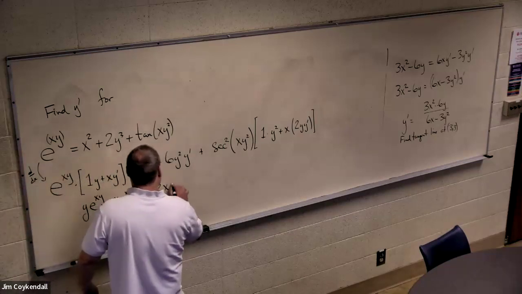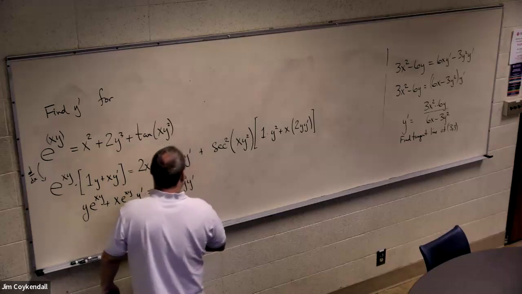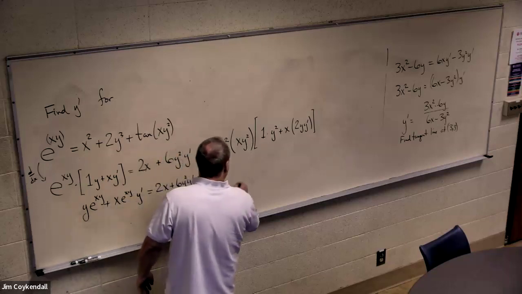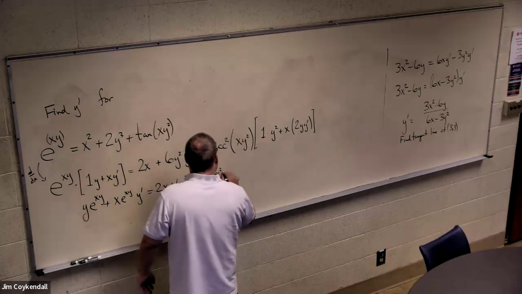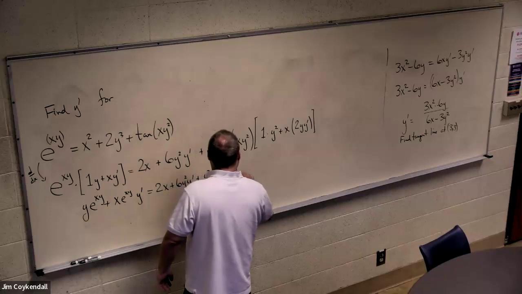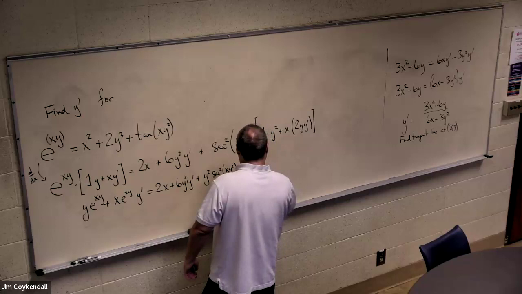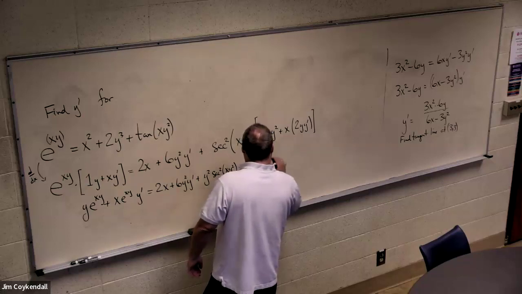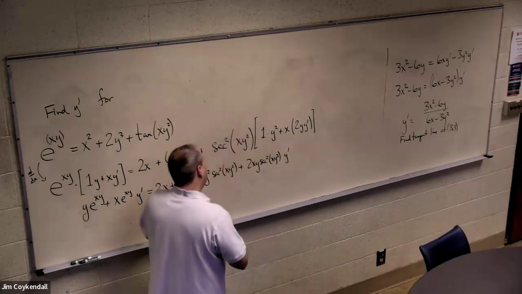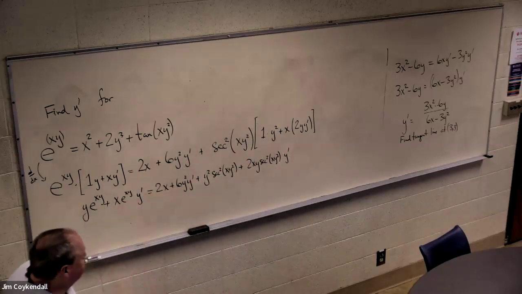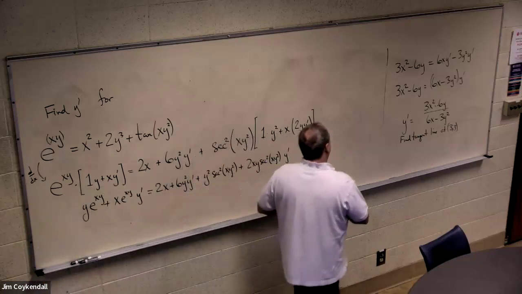This is 2x plus 3y squared y prime, plus we get y squared secant squared of xy squared, plus 2xy secant squared of xy squared times y prime. So this is again a divide and conquer job.